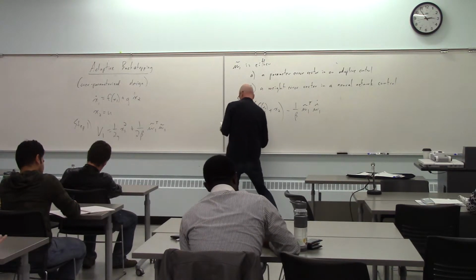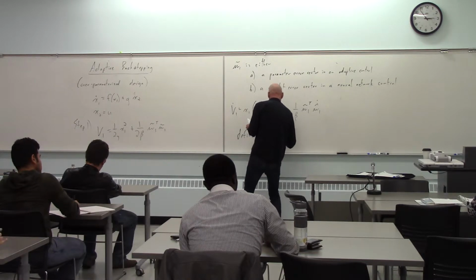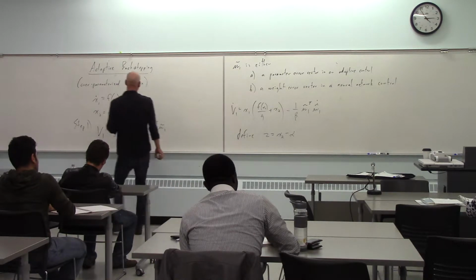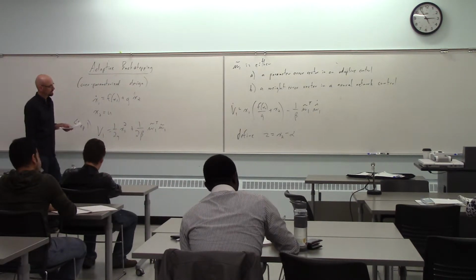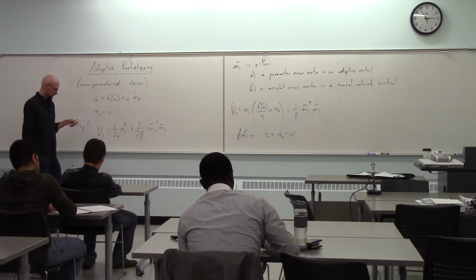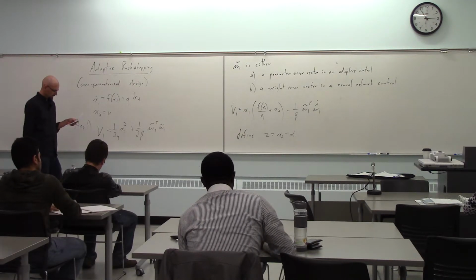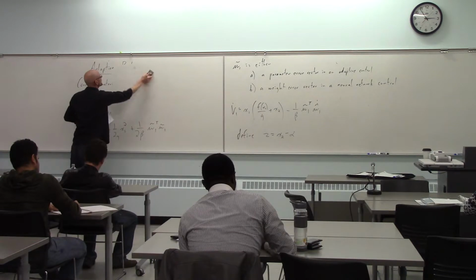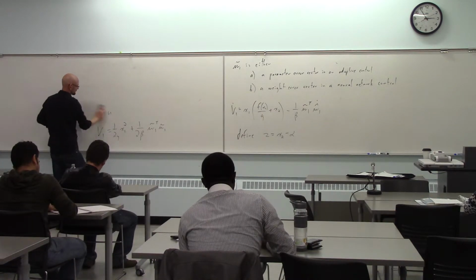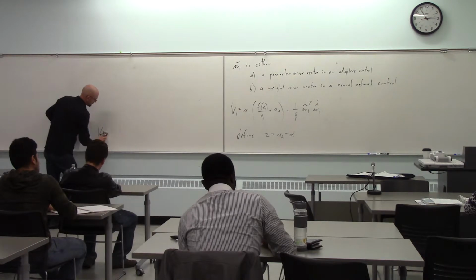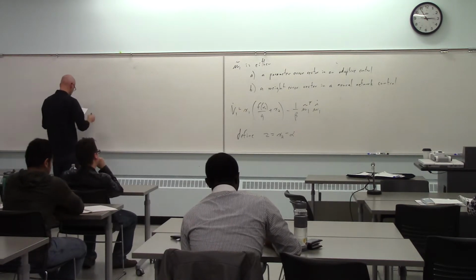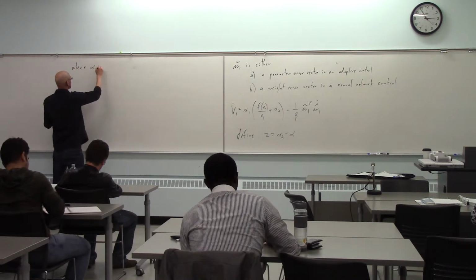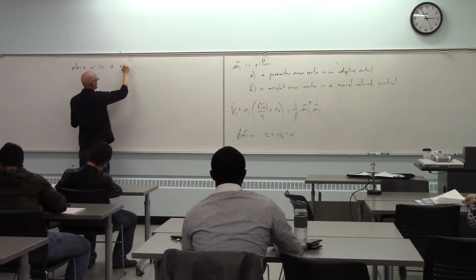And I'm going to define z equal to x2 minus alpha, where alpha is a virtual control.